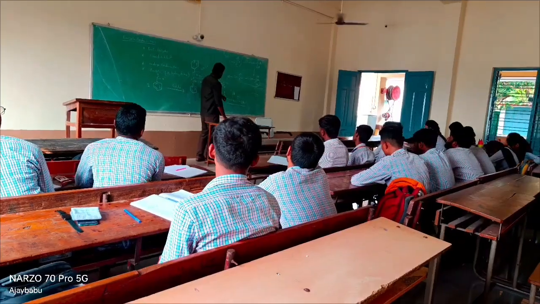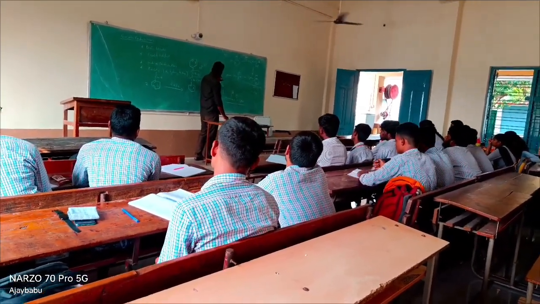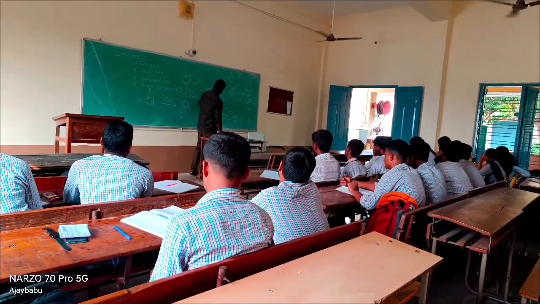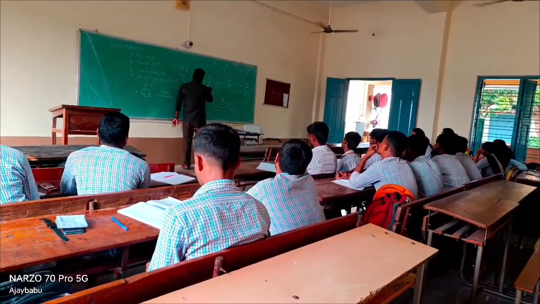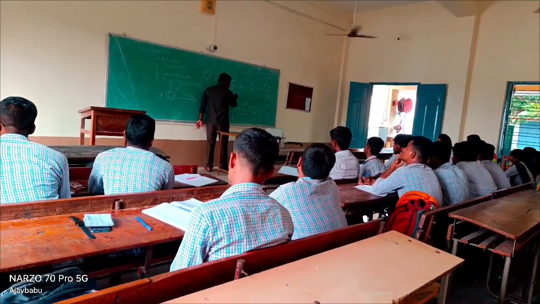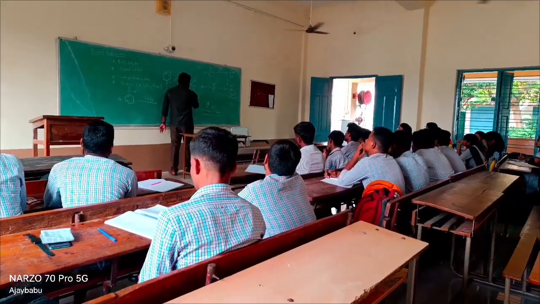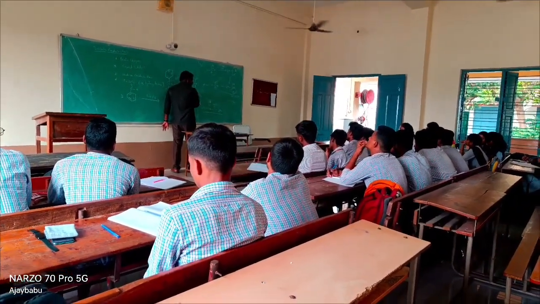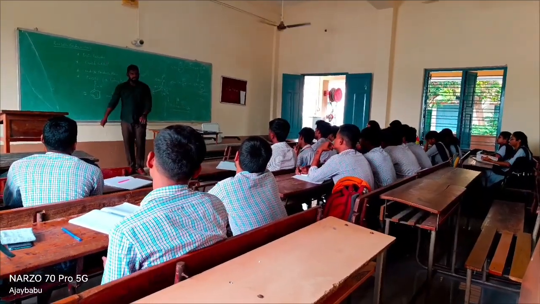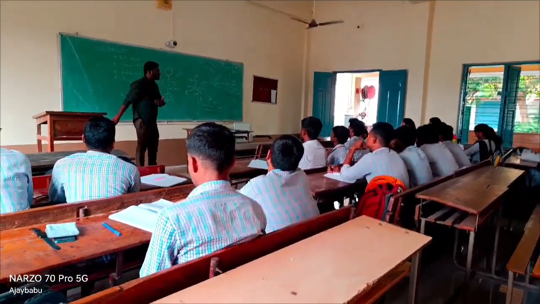Then C6H5 CH OH, C double bond. The CN should be eliminated because a pi bond is formed, so the carbon has four bonds, 1, 2, 3, 4, and here is the fifth one. Cl minus should be eliminated because Cl minus is a strong leaving group.